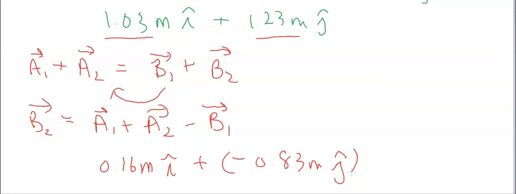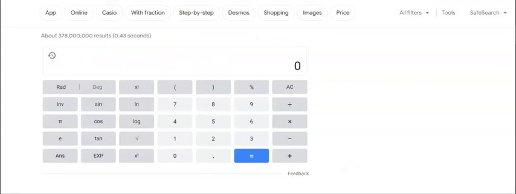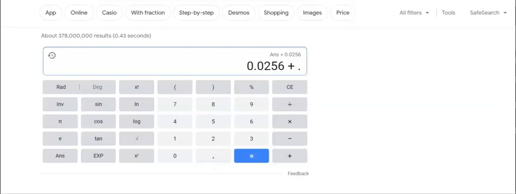To get the magnitude, we're going to use the Pythagorean theorem. That's going to look like 0.16 squared added to 0.83 squared, and then we take the square root of that. Our magnitude for vector B2, beetle 2's second run, is 0.845.